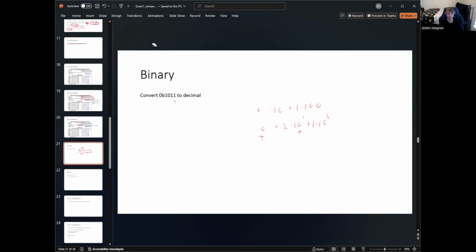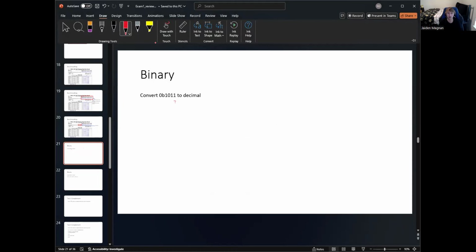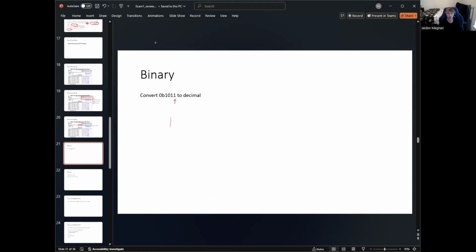So this number, 1011, you look at the position, this is position 0: 1 times 2 to the 0, because there's a 1 there, plus 1 times 2 to the 1, because there's a 1 there, plus 0 times 2 to the 2, plus 1 times 2 to the 3. And that will give you 8, 9, 10, 11. So this is just how to convert binary to decimal. Hopefully you're all at least slightly aware or have seen this before, right? Nothing new.